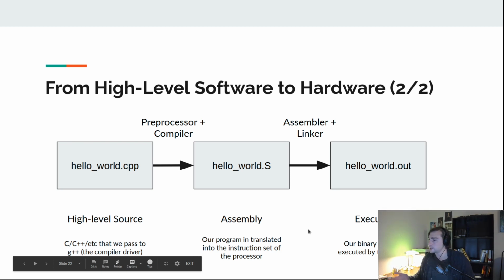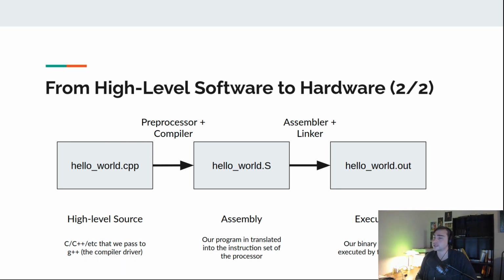So to kind of explain how this translation goes through with something like a compiler, we have a simple flow for a Hello World program and how things look at each step. So starting out, we of course have our high-level source code written in C++. So something like helloworld.cpp. And this is something that we'll pass to our compiler driver.